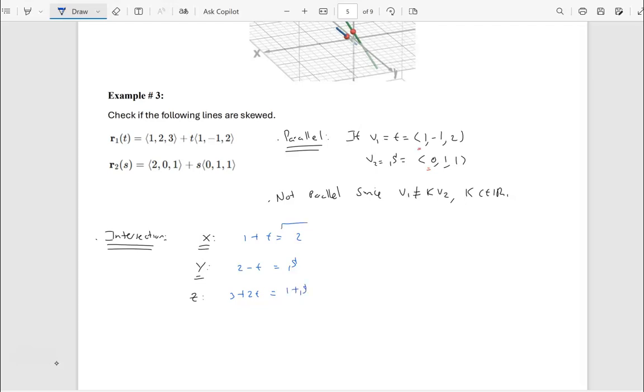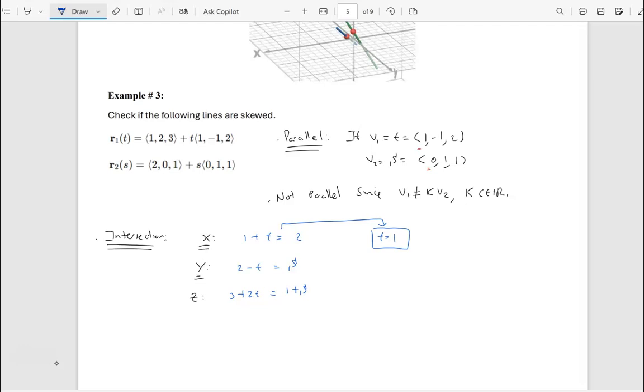Now, you have to be very careful here because you may find out that there's an intersection and you have to technically check both. So if you subtract 1 from 1 plus t, you're going to find out that t is equal to 1.